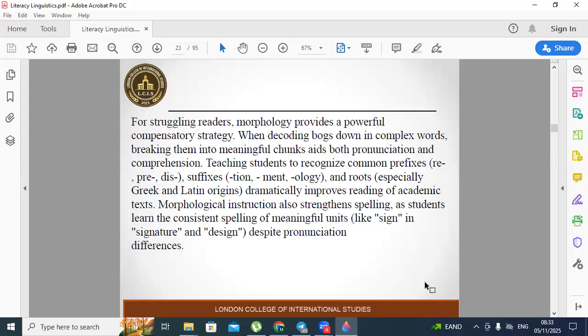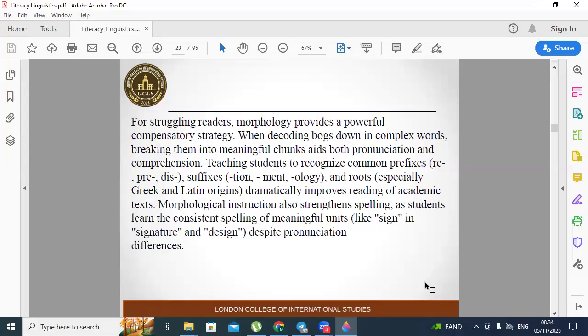This strategy works across academic vocabulary. Reconstruction: re, again; construct, build; tion, the act of building again. Biodegradable: bio, life; degrade, to break down; able, capable of being broken down by living organisms.